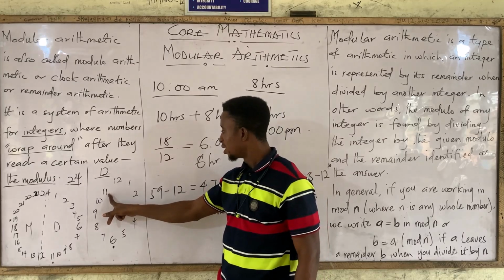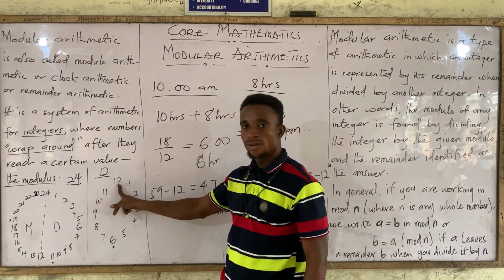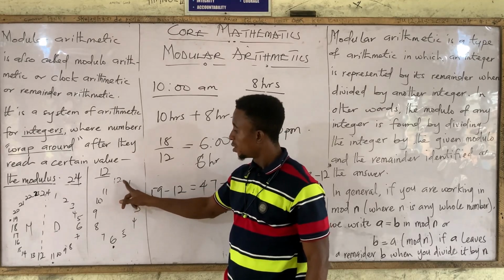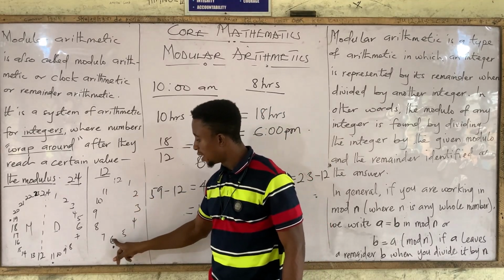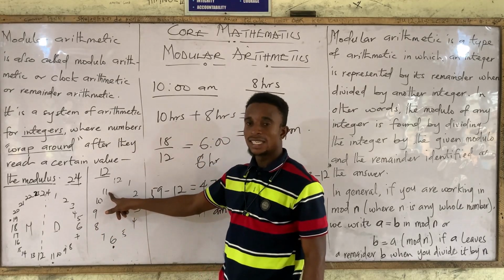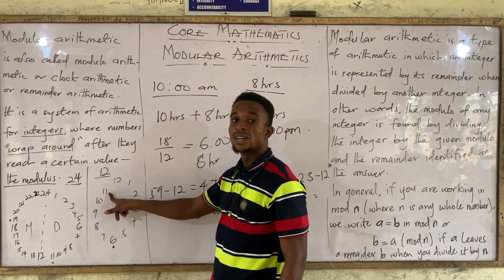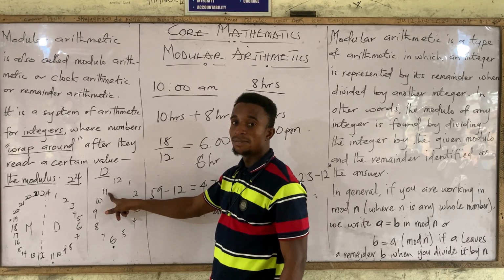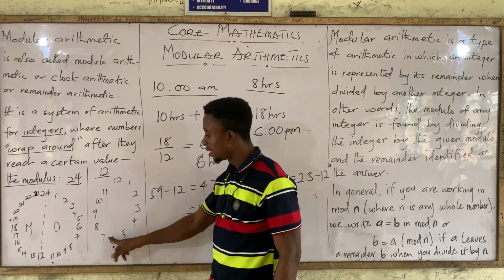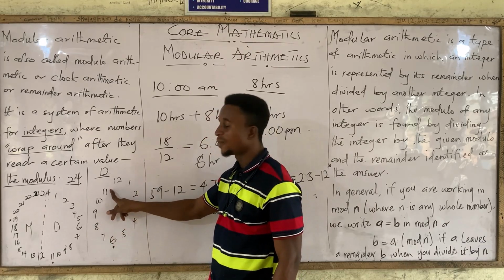So we are counting. So we will go 12. So 11, 12, 13, 14, 15, 16, 17, 18, 19, 20, 21, 22, 23. Are we getting that? So meaning we are now in PM. 24, 25, 26, 27, 28, 29, 30, 31, 32, 33, 34, 35.